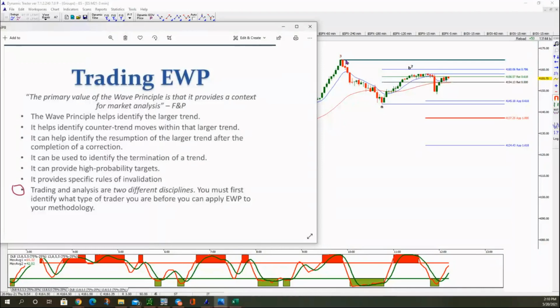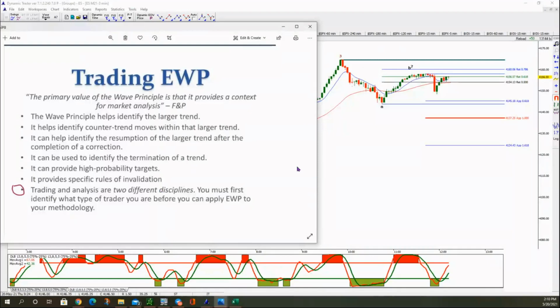We can say, okay, let's take the 1.27, 1.618, project that up, and we're going to know that somewhere in that area up there, the trend should reverse. And then we have to decide, well, what support is it going to take out to verify my assumption? So it helps you to identify the culmination of a larger trend.